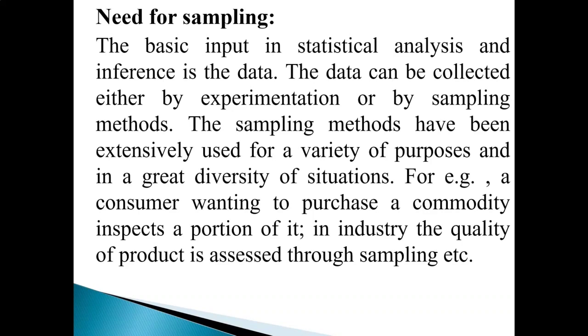They cannot test all the insecticide or pesticide developed by a particular company. They will just take a sample, apply it to a particular crop where it has its application, and then observe whether the pesticides or insecticides are up to the mark in quality or not.